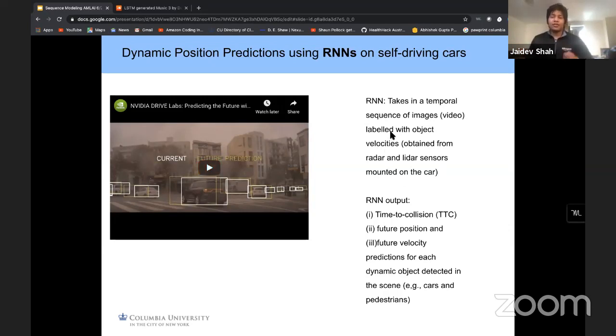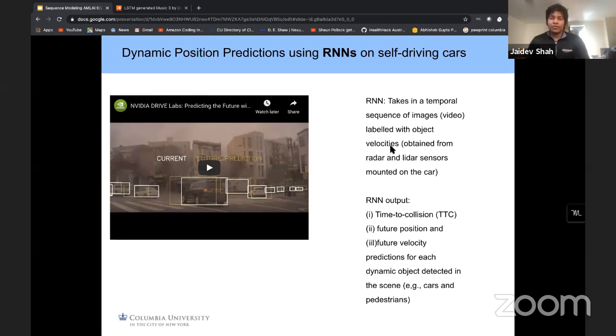So we'll take in a sequence of images, essentially a video, and all of these images are also labeled by the object velocities. If you look at a self-driving car, you'll notice there's a big cylindrical sensor on the top called the LiDAR. These cars usually have both a radar and a LiDAR, which enable them to find the velocity of moving objects very accurately.